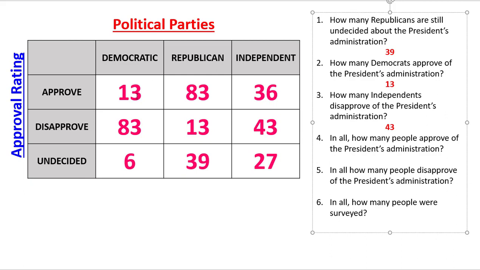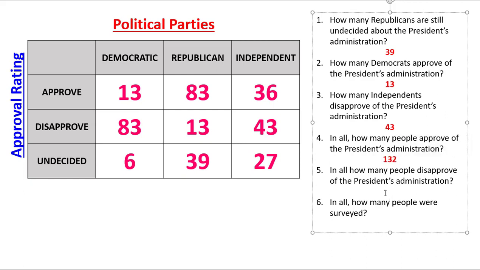So to find that out, we would simply add 13 plus 83 plus 36, because this entire row are people who approve of the president. And if we add all those numbers together, we get 132.